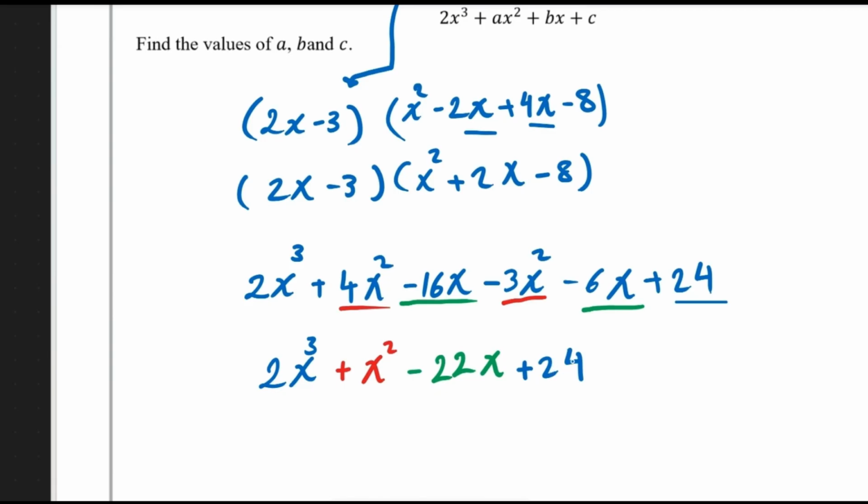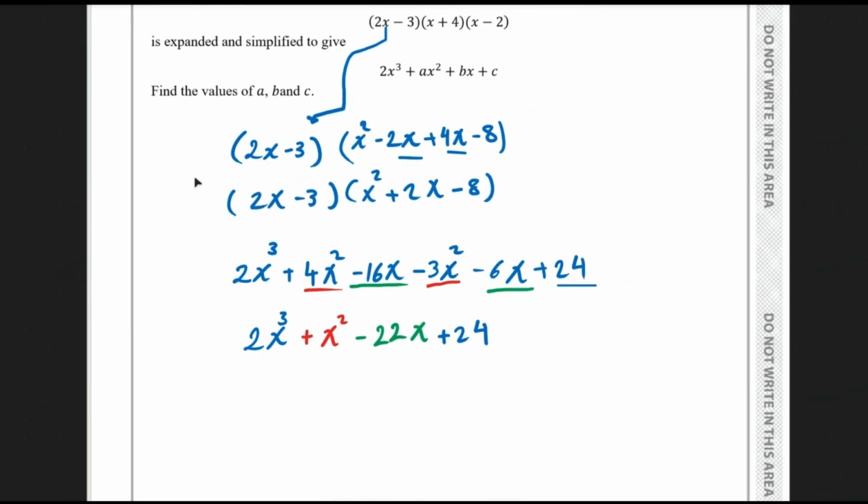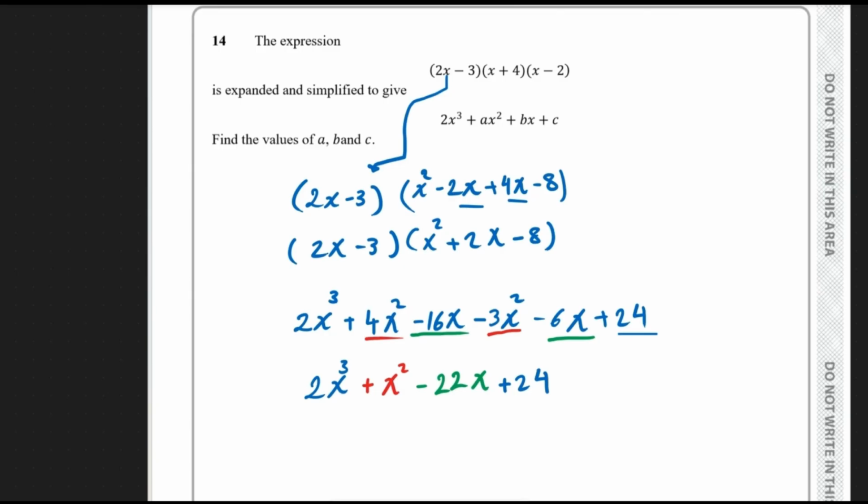And now it's time to look at what the question asked. The question asked to show this expression. 2x cubed, I already have 2x cubed here, and x squared, there is a number in front of x squared, and here there is nothing, which means 1. That means here a is equal to 1, and then they ask about the number in front of x.